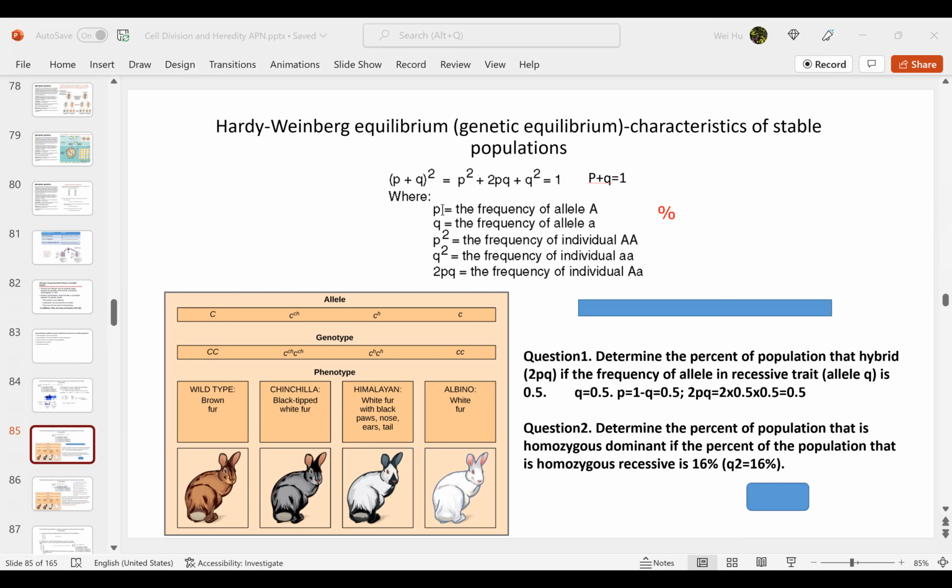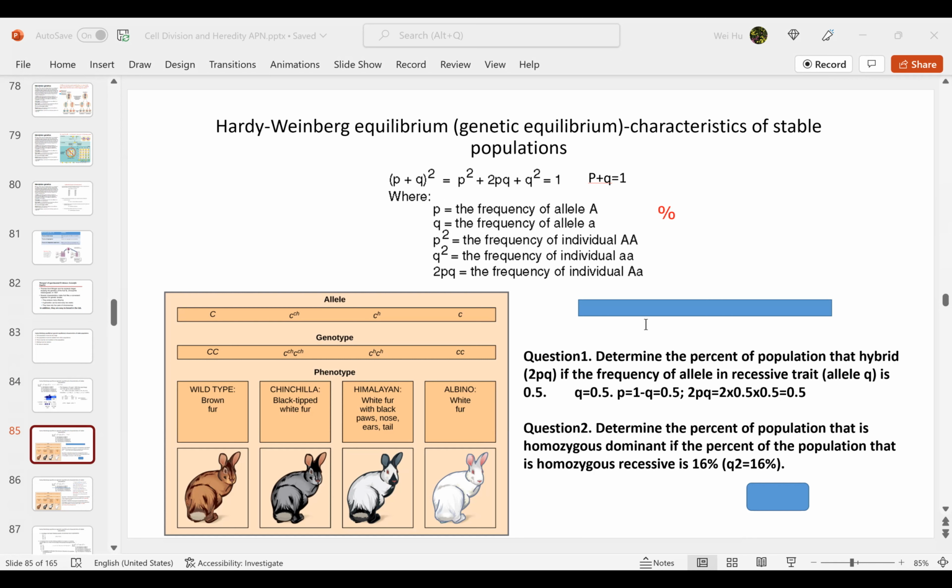P is just an allele, and P squared is about individuals, which are body cells. So small p and big P are in germ cells, and P squared, Q squared, or 2PQ are in your body cells.